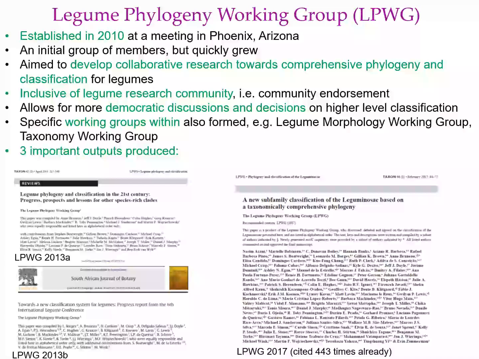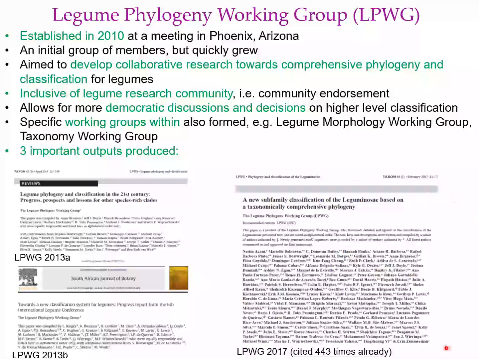And then we also, to achieve this common goal, had specific working groups within the family and within the legume phylogeny working group that formed. So-called legume morphology working group, the taxonomy working group, etc. And together we published 3 important outputs, 2 in 2013, and then the very important new classification at a subfamily level in 2017.